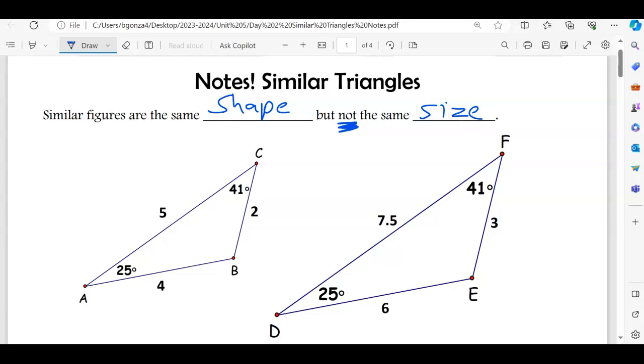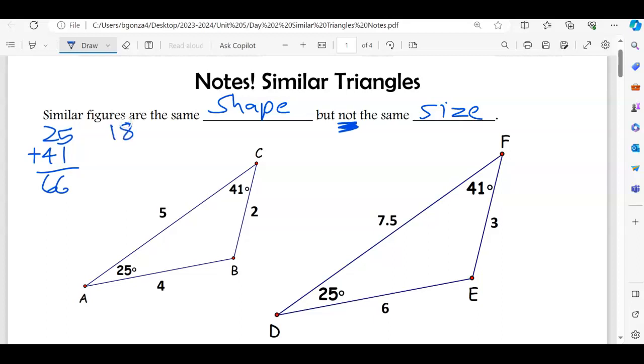Now, real quick, let's find this missing angle. How many degrees are inside of a triangle? Do you remember? 180. So to figure this out, I'm going to take the 2 that I know, add them up, subtract from 180. So 25 and 41. Let's do 25 plus 41. Gives me 66.